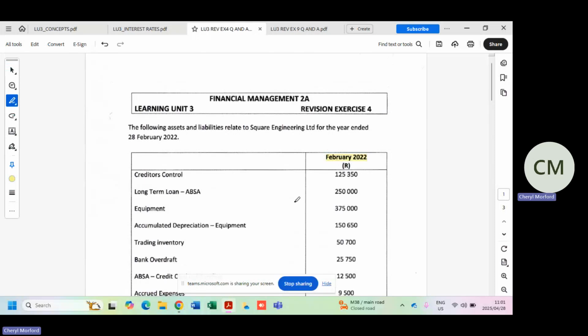Why do I say that? Right, so in order for an asset to be considered current, it needs to be maturing or be available within 12 months of the given date. So that's why it's important that we know it's February 2022.